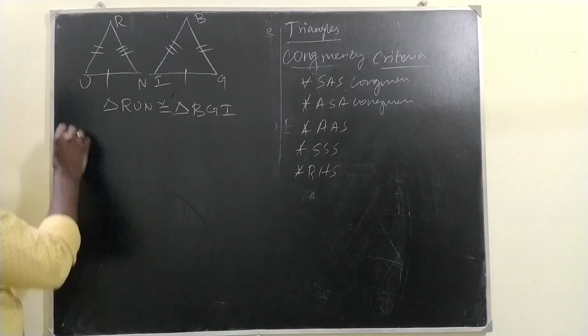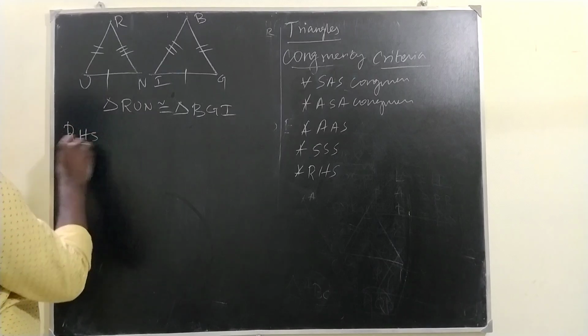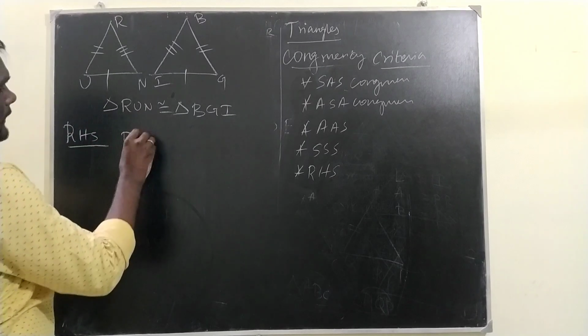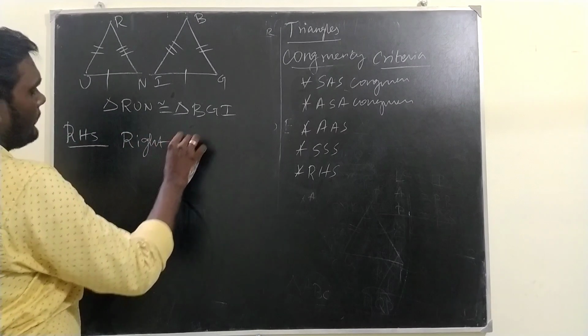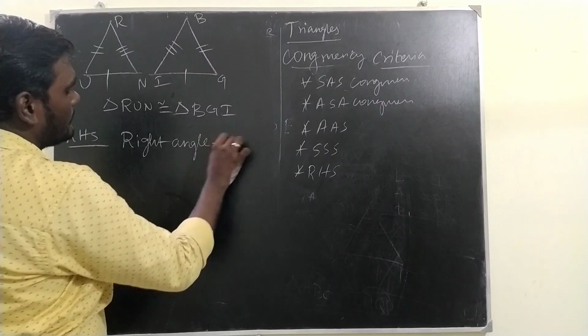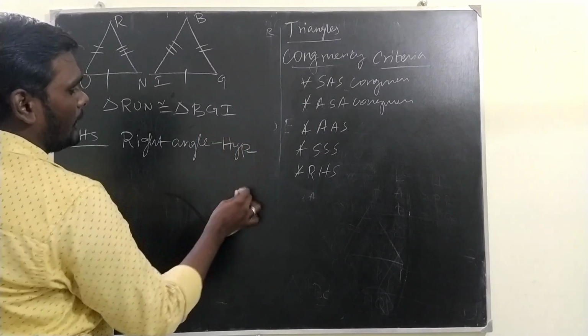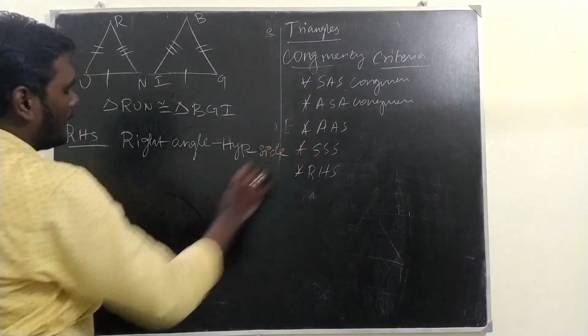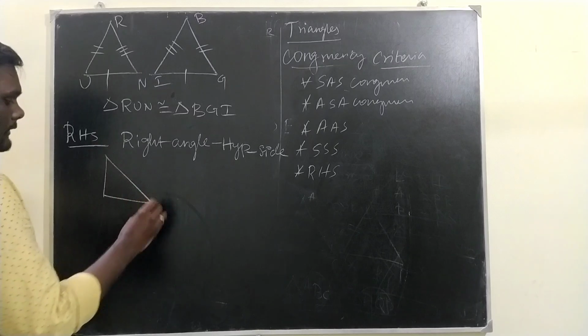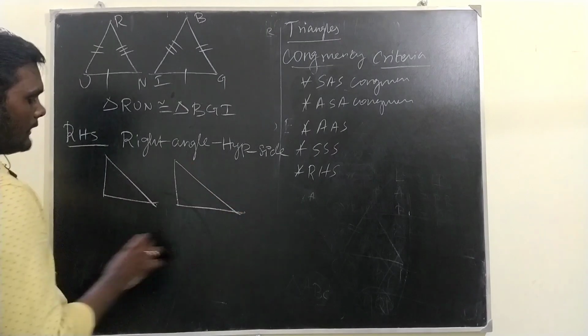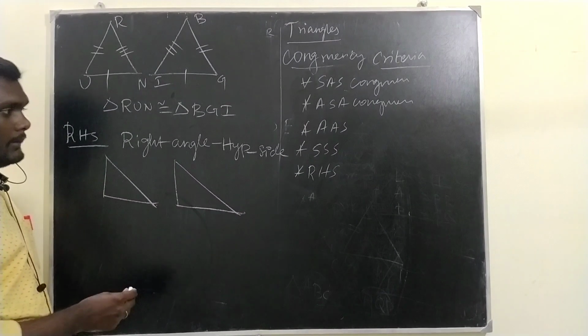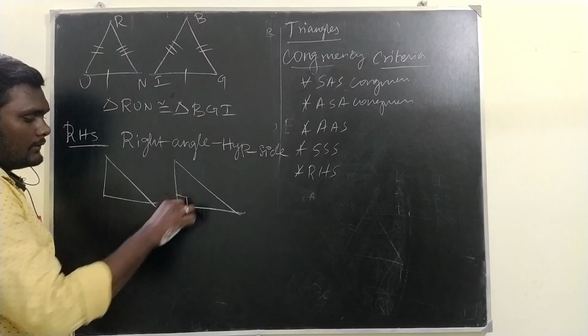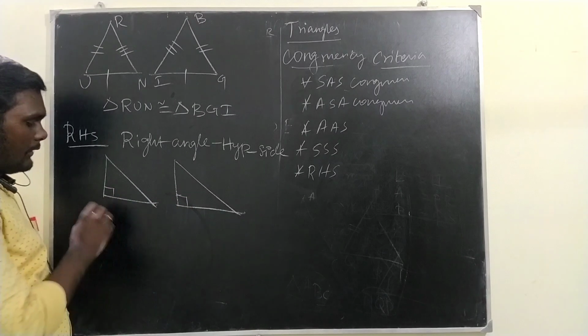And then RHS congruence, this is exclusively for right angled triangles. So the right angle, hypotenuse and one side. Two right angle triangles, you can compare using this. One side and one angle, that is the right angle, will be equal.